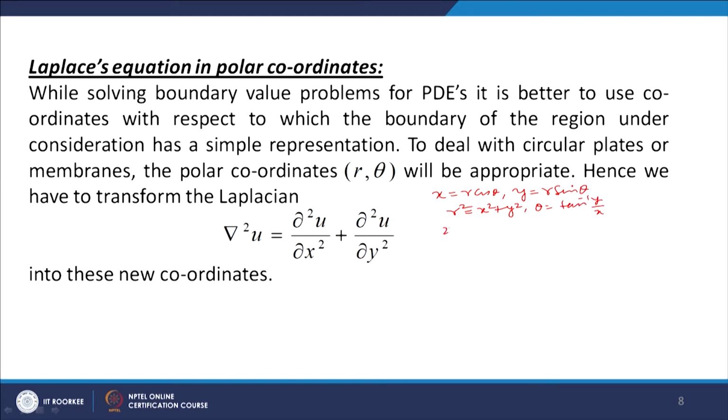So, this gives you 2r del r by del x is equal to 2x, and 2r del r by del y equal to 2y. This gives you del r by del x as x by r, meaning cos theta, and del r by del y equal to y by r, meaning sin theta.